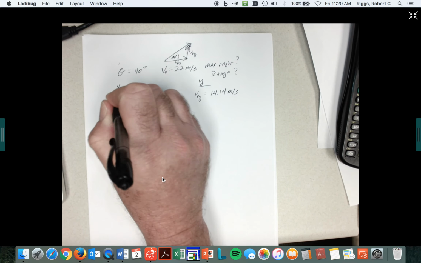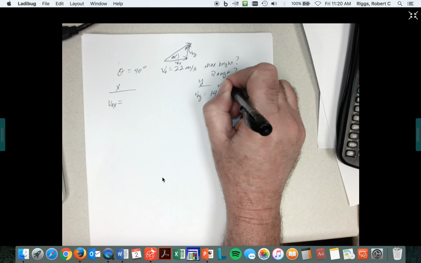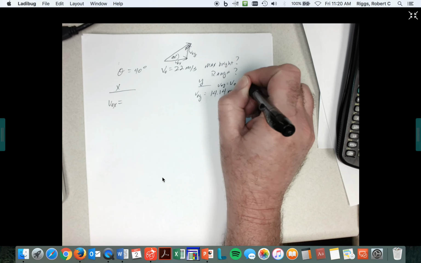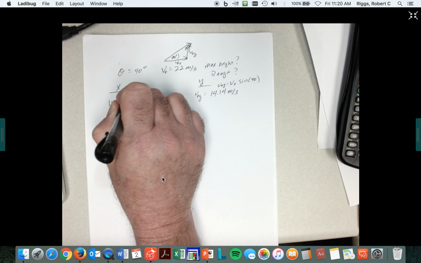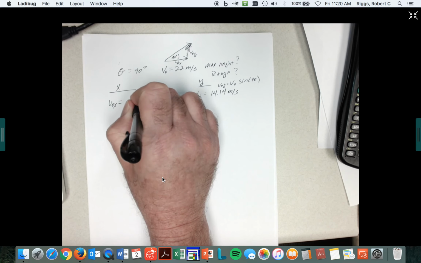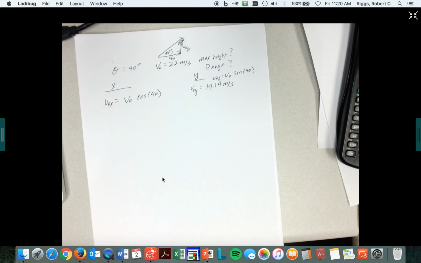V naught x then is, I'm sorry, I should write this down for you. V naught y is equal to V naught times the sine of 40. V naught x is equal to V naught times the cosine of 40. Okay, there we go.